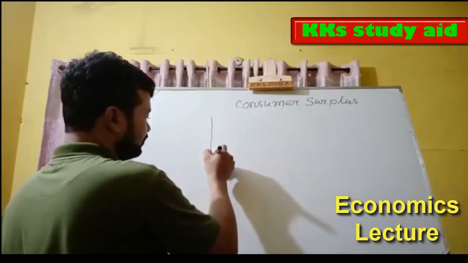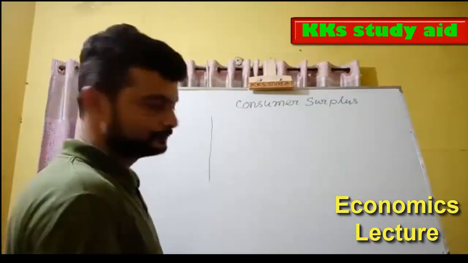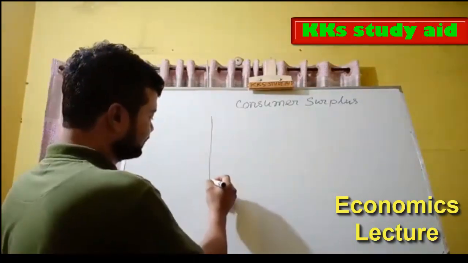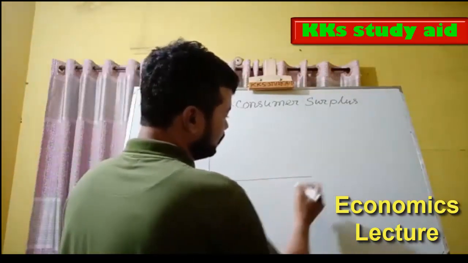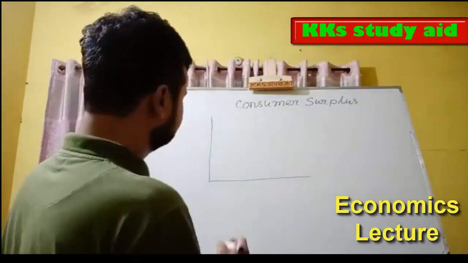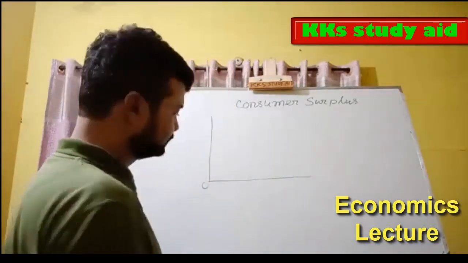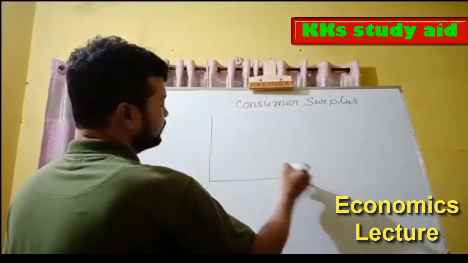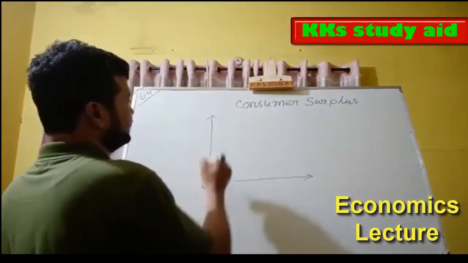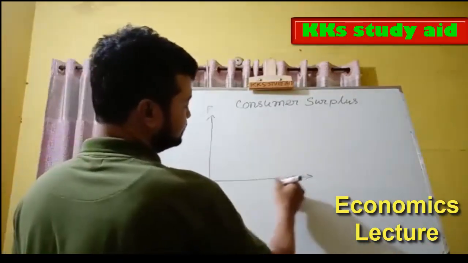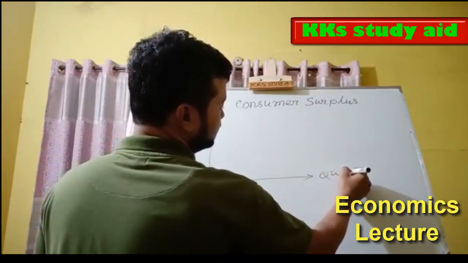This is the horizontal line, this is the vertical line, and this is the point of origin, we call it 0. Generally price is measured on the vertical axis and the quantity is measured on the horizontal axis.